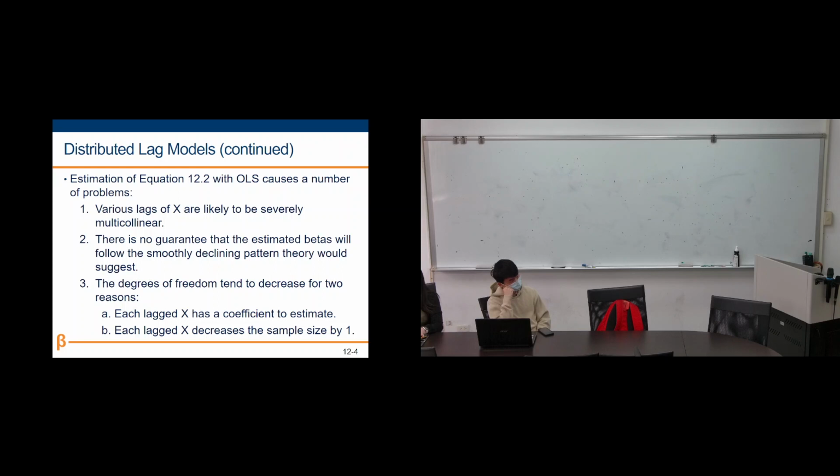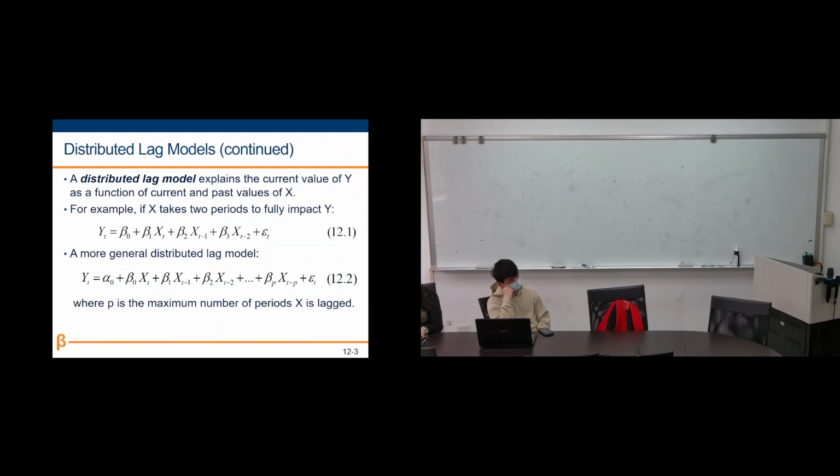Understand what I'm saying here? I'm saying that there is no guarantee. That means all these beta coefficients, since this is t minus 1, t minus 2. So for this beta, I think we have a positive relationship between advertisement and sales.